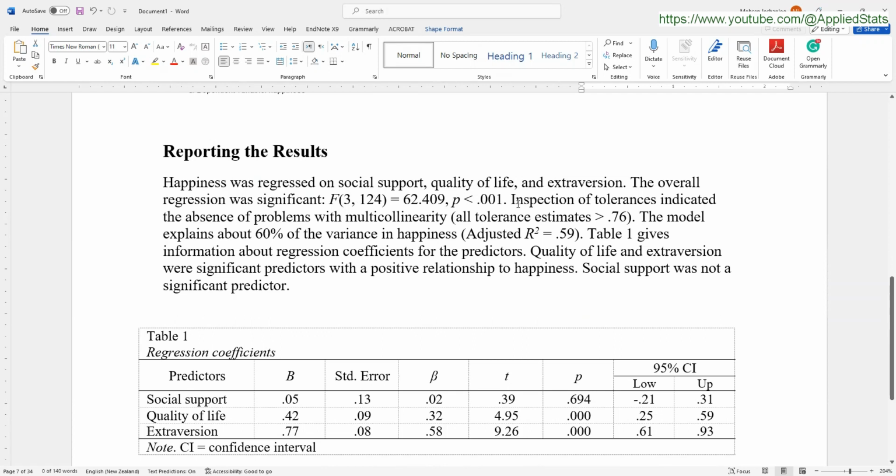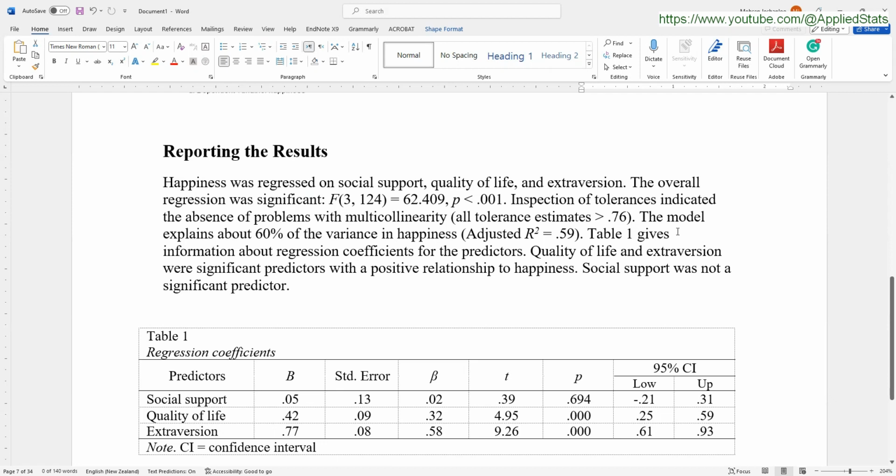Here, you have to also comment on your collinearity situation. In this case, because all our tolerance estimates were bigger than 0.7, so they were not smaller than 0.2 or 0.1, then we can say that there was no serious problem with multicollinearity, and that's good news.